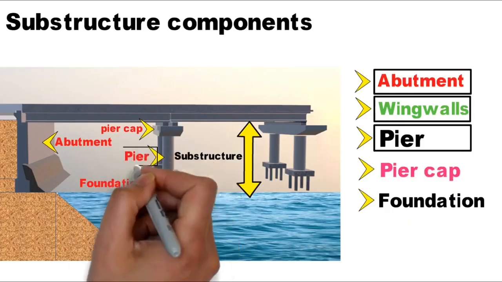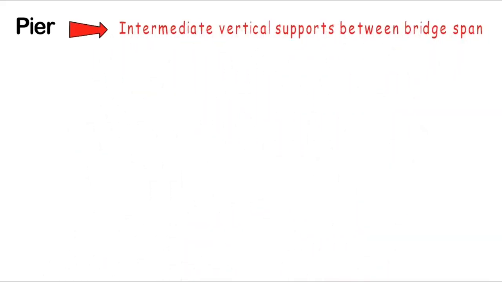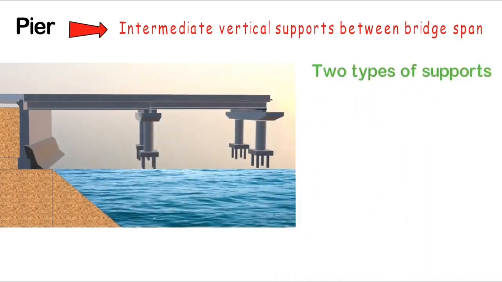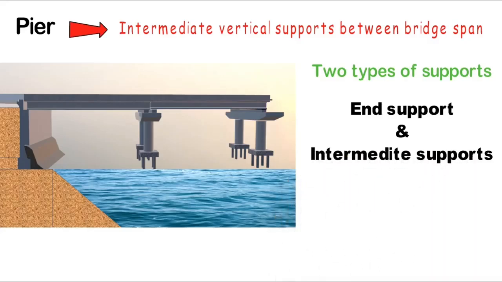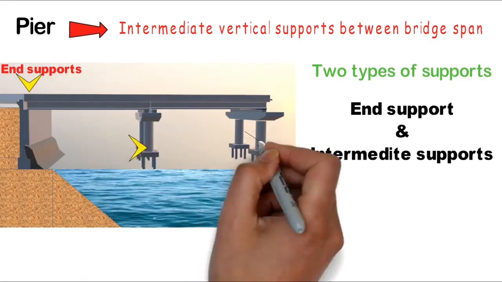And next is the pier. This is the pier. A pier is an intermediate vertical support between bridge spans. Two types of supports are there. The first one is the end support and the other one is the intermediate support. This is the end support and this is the intermediate support.